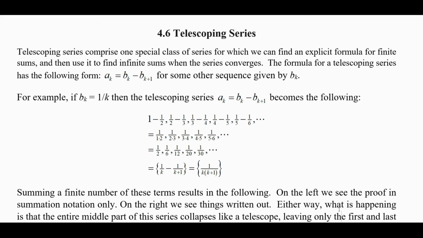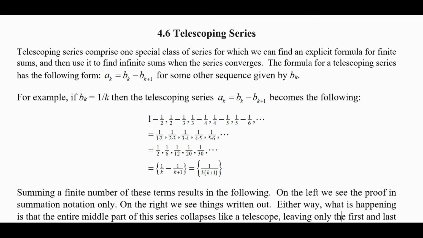a sub k equals b sub k minus b sub k plus 1 for some other sequence given by b sub k. For example, if b sub k equals 1 over k, then the telescoping series a sub k equals b sub k minus b sub k plus 1 looks like this. Remember the terms of b sub k are 1, 1/2, 1/3, 1/4, 1/5.